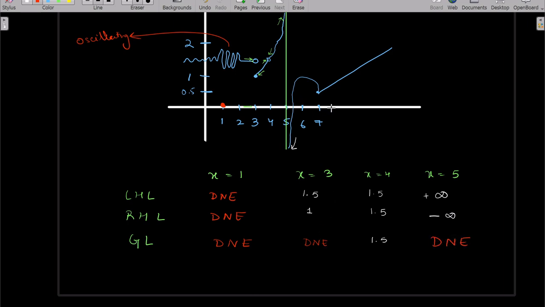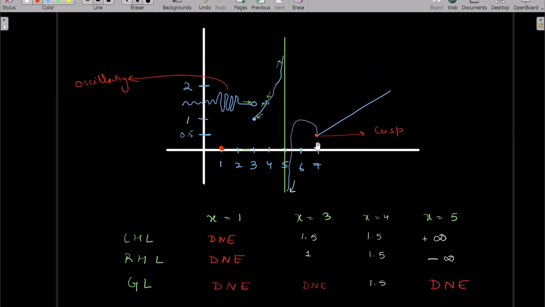And one final point: when you have a cusp, this point is called a cusp. A cusp is that point where the concavity of a function changes. Have you done concavity? Yes. So this is where concavity is changing, and this is x is equal to 7.